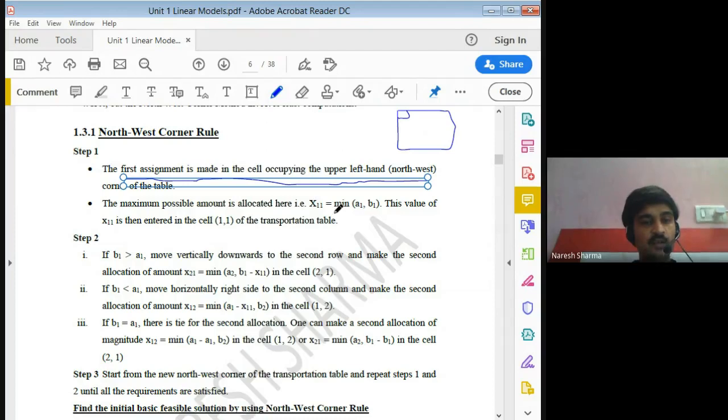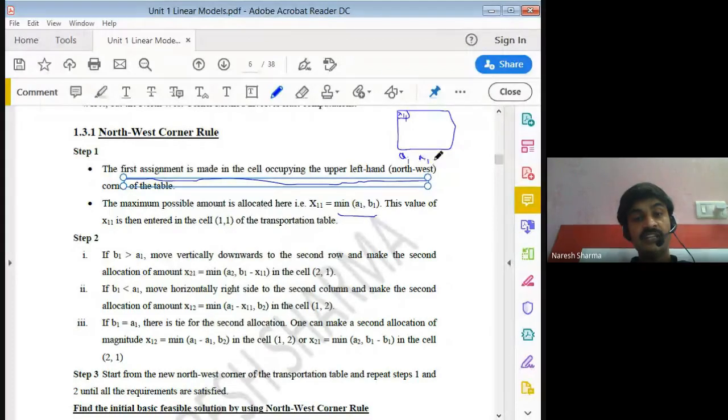How do we assign that value? The maximum possible amount is allocated here, x11, which is the minimum of a1 and b1. What are a1 and b1? The requirements are called a1, a2, and a3, and the availability in the factory in the table is b1, b2, and b3.